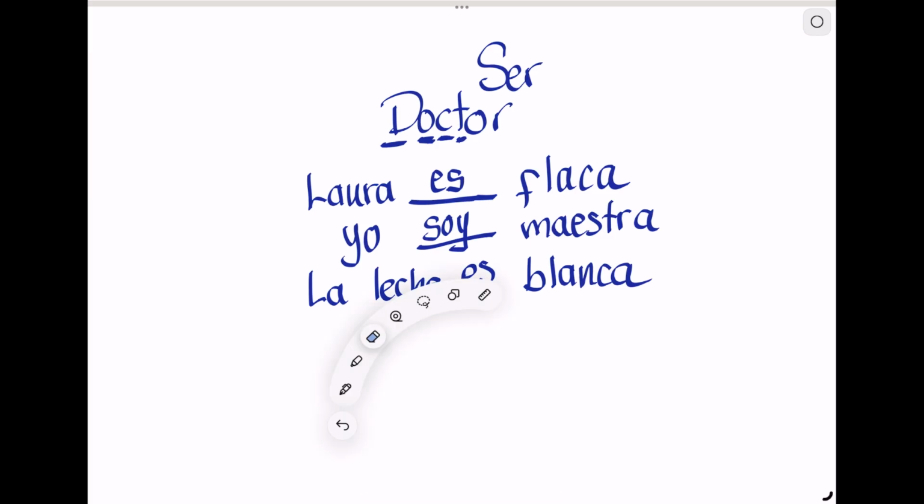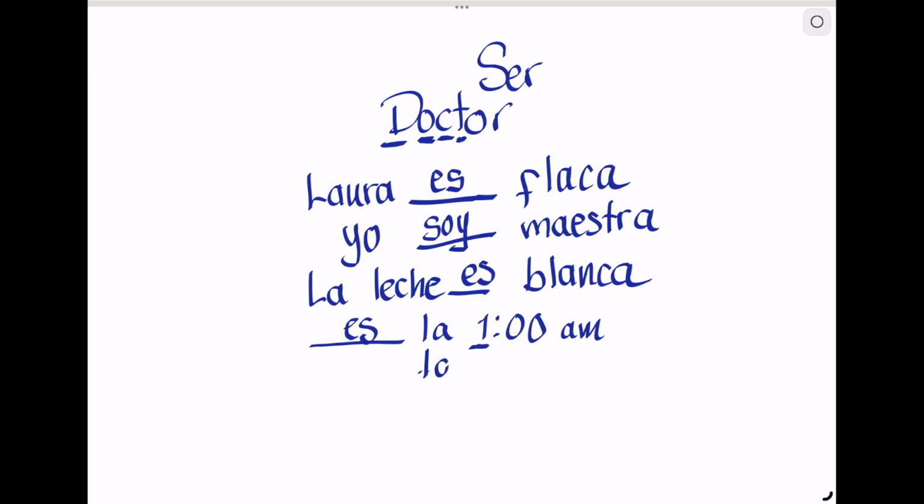But let me do something else. Let's think about it. Oh, it is 1 a.m. So it's just one, right? It's 1 hour. So it will be es la una.